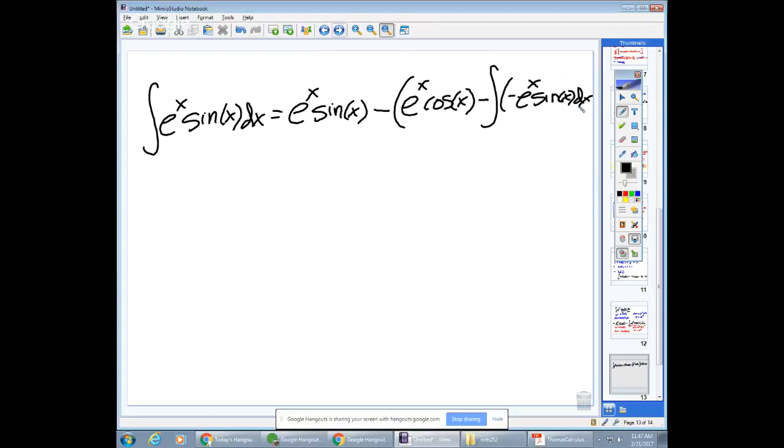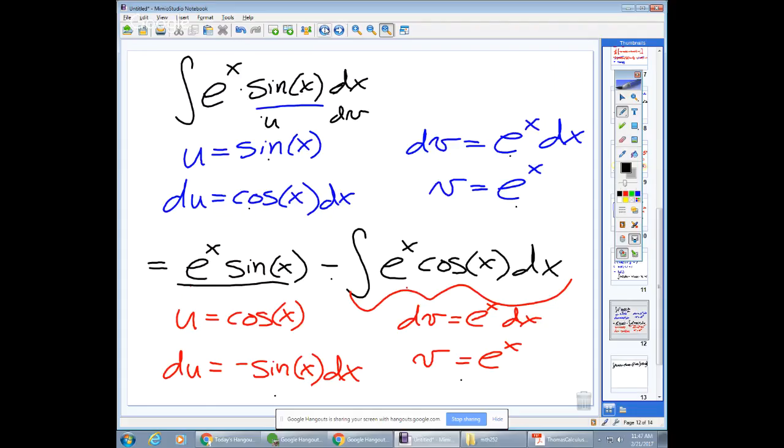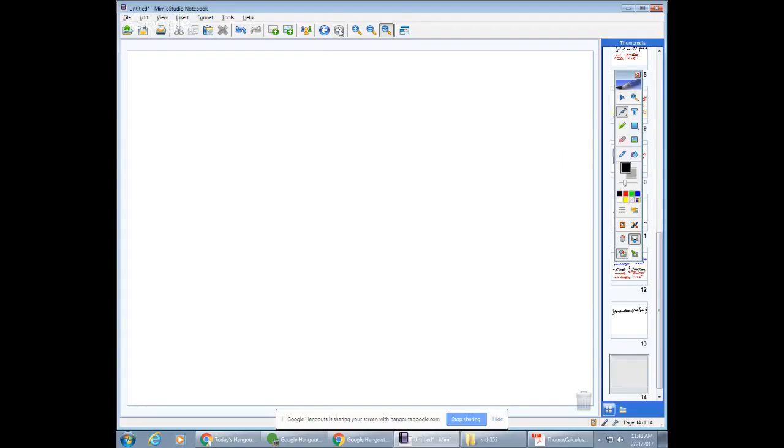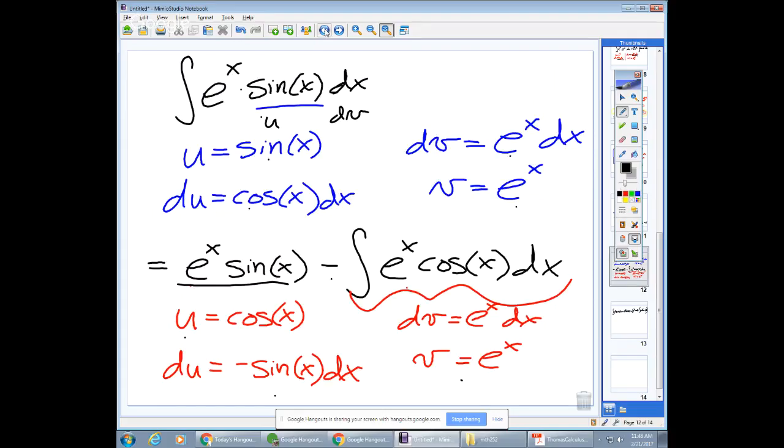And then I have to close this parenthesis and close that parenthesis. Did I write that correctly based on what we had written down for our red UVs? Double check. UV is e to the x cosine of x. E to the x cosine of x, check. And then v du is negative e to the x sine of x.